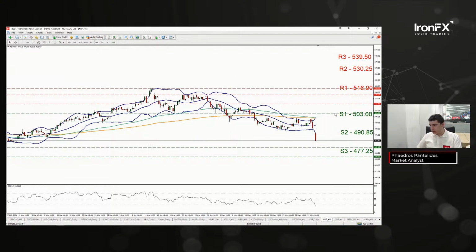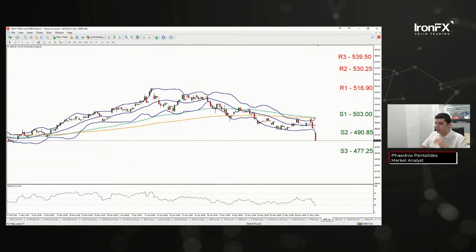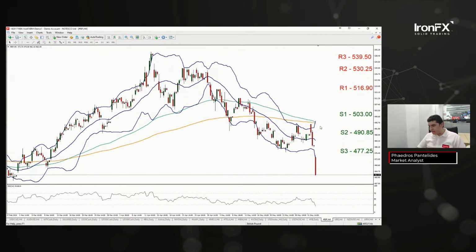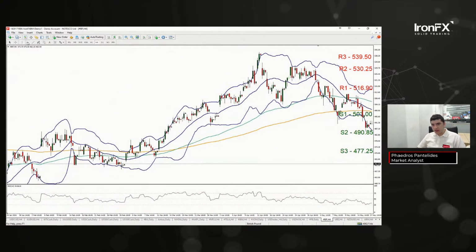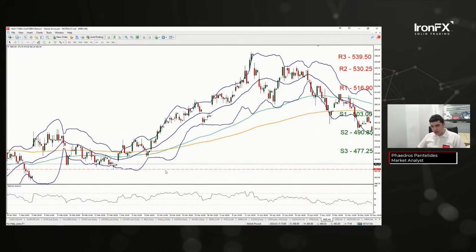Let's clear our charts. And let's place our support and resistance levels again. Let's clear this. We are on the 4-hour time frame. Now, the first level of support I would look at is around this wick here, 458.70.